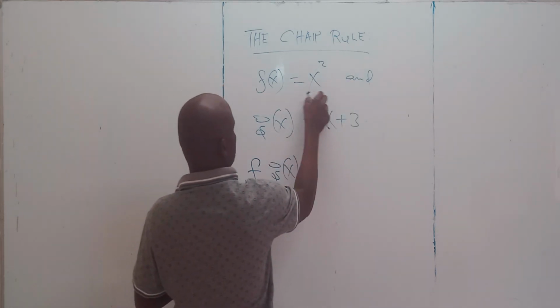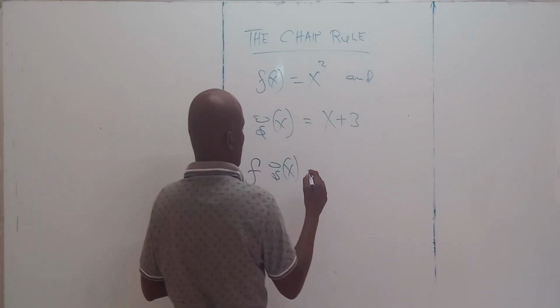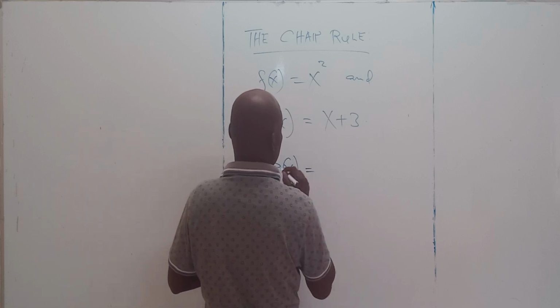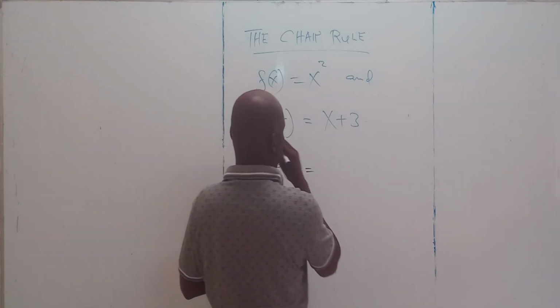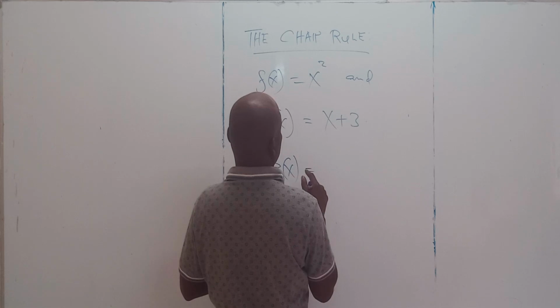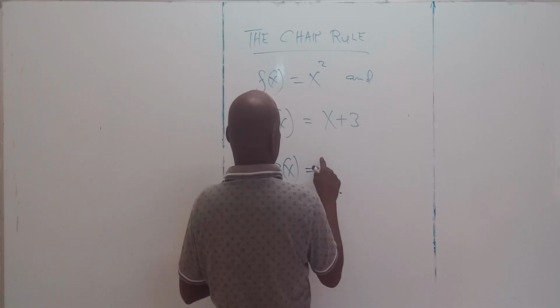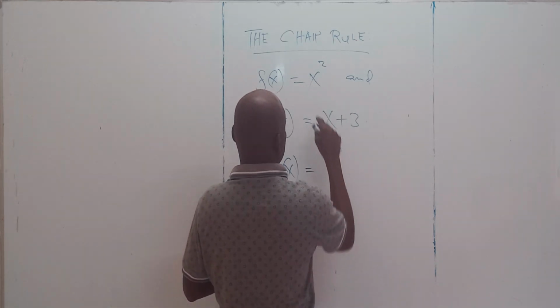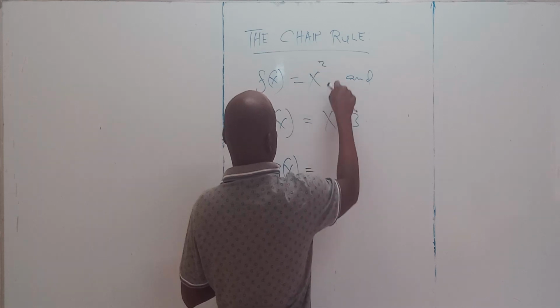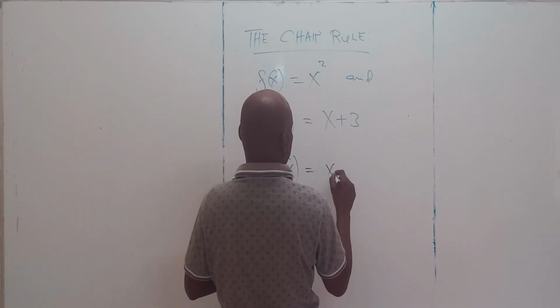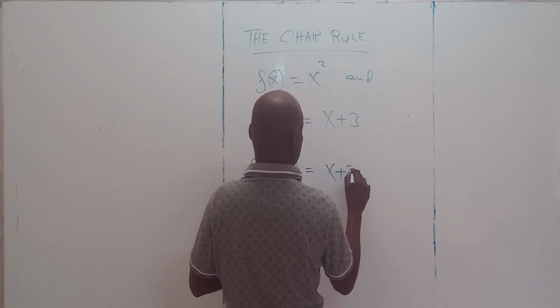In other words, where there is x squared, you put this. So it's going to be x plus 3.